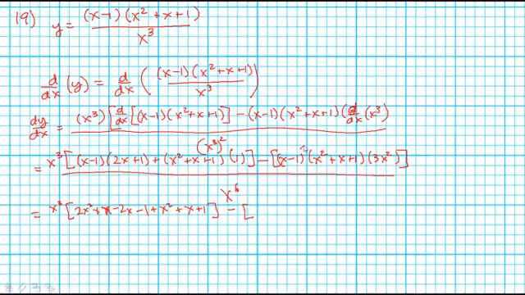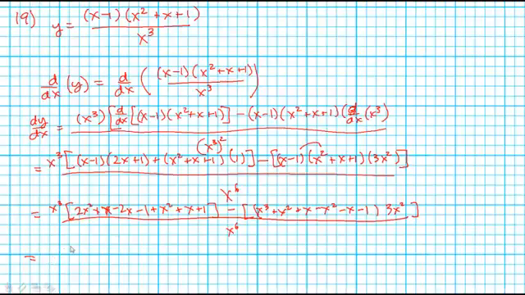Let's do these two terms first, and we get x cubed plus x squared plus x, and then we'll do the negative 1 minus x squared minus x minus 1, and that whole thing is multiplied by 3x squared, and that's all over x to the 6th.